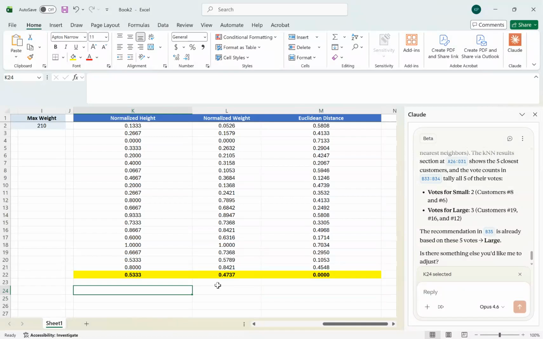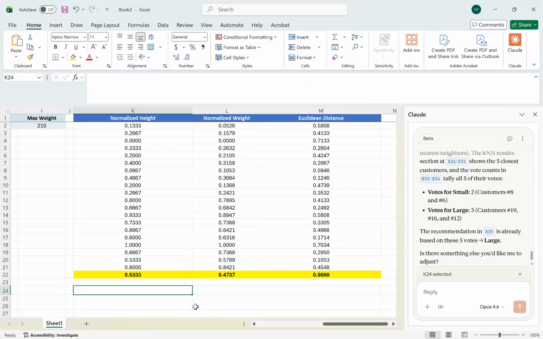What you typically do is, if you go with k of 5 to make recommendations for new customers, and they're satisfied with whatever they're buying, meaning they're not returning that t-shirt, it means k of 5 is working for us. Otherwise, we'll try a different k value, or maybe change the technique altogether instead of kNN classification.